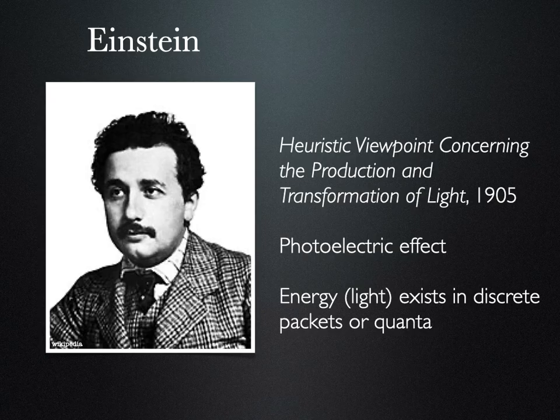The photoelectric effect is simply that when you shine light on a metallic surface, you can eject electrons, and that the ejection of those electrons can really only be explained if light comes in discrete packets, or quanta, or small bundles of energy rather than a continuous stream.